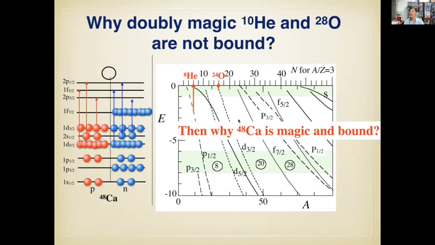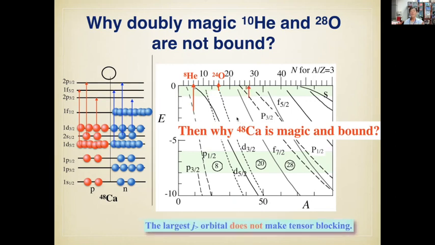I'm just going to give an example of those things. It's just the same thing. But now if you start to put some particles in P wave and such things, a different thing occurs. And that's why this shell gap, F7/2 to P shell gap, is large.